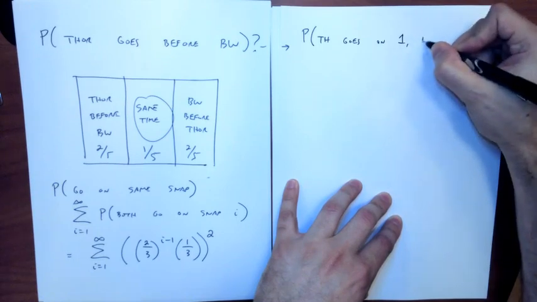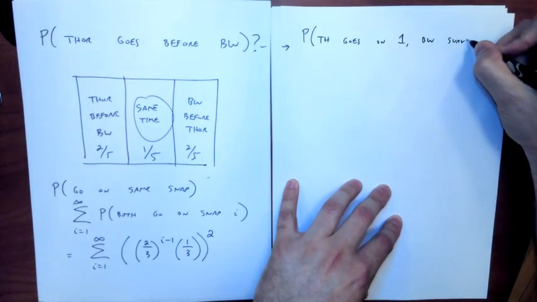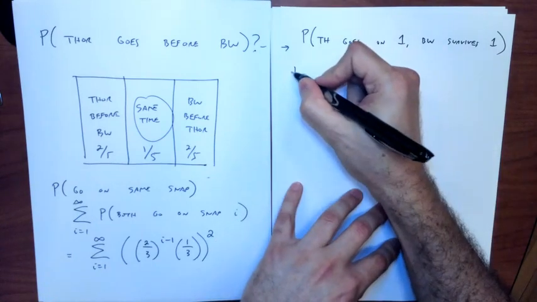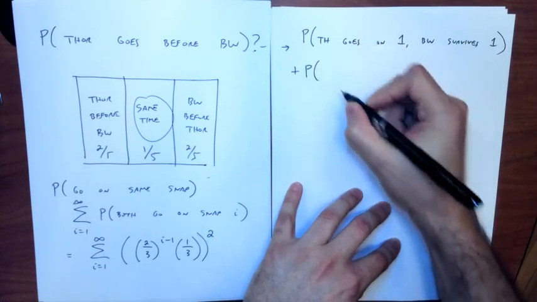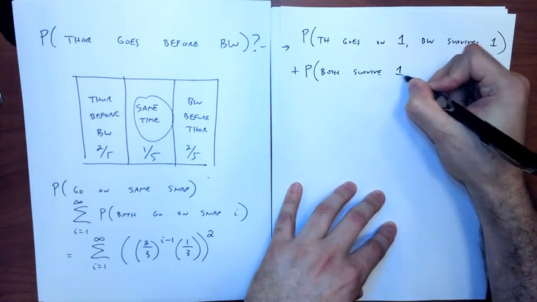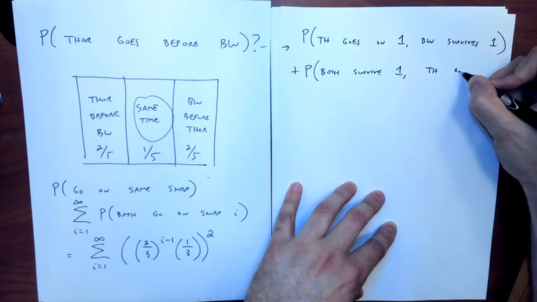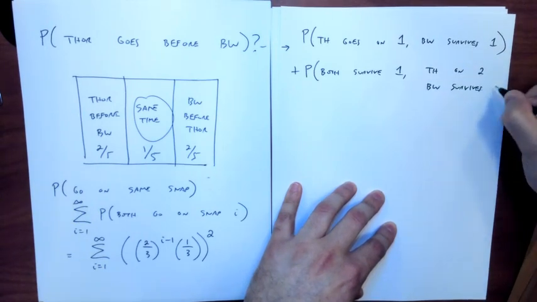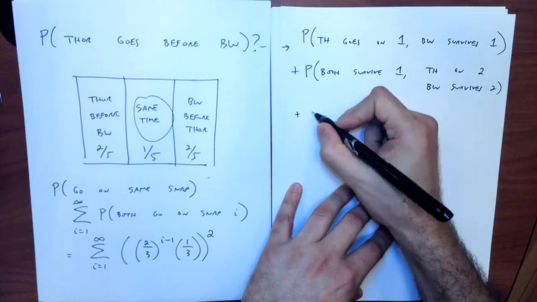snap 1, and Black Widow survives snap 1. Or I could have the probability that both survive snap 1, Thor goes on 2, Black Widow survives on 2. And then it keeps on going like this.